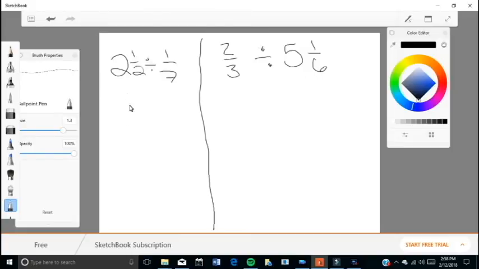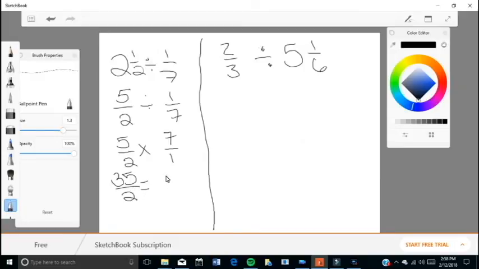So in this first one, first turn it into improper. Then keep, change, flip. There's nothing to reduce, so I just multiply. And turn into a mixed number. 2 Skittles make a pack of Skittles. 35 Skittles means that I can do 15, 16, 17.